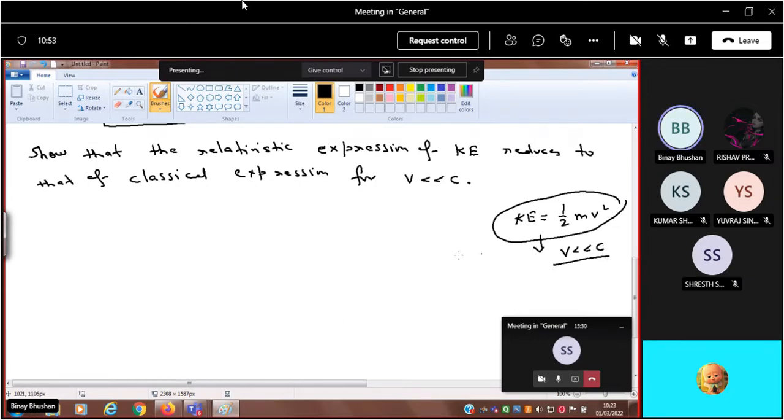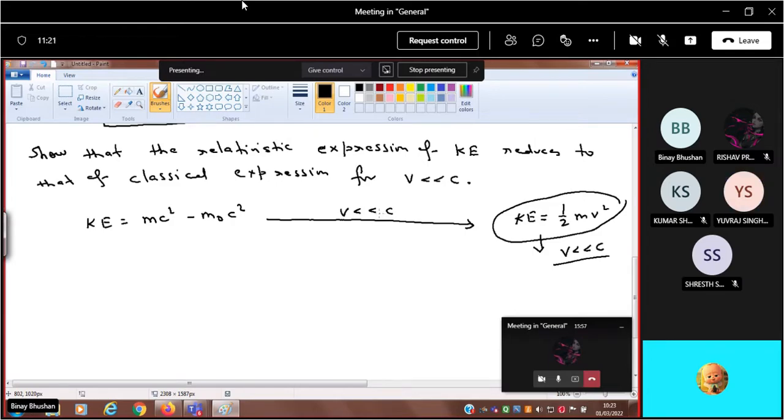When the velocity of the particle reaches near c, its kinetic energy will be equal to the relativistic expression. And we have to show that this reduces to this for v very small as compared to c. Is the question clear?